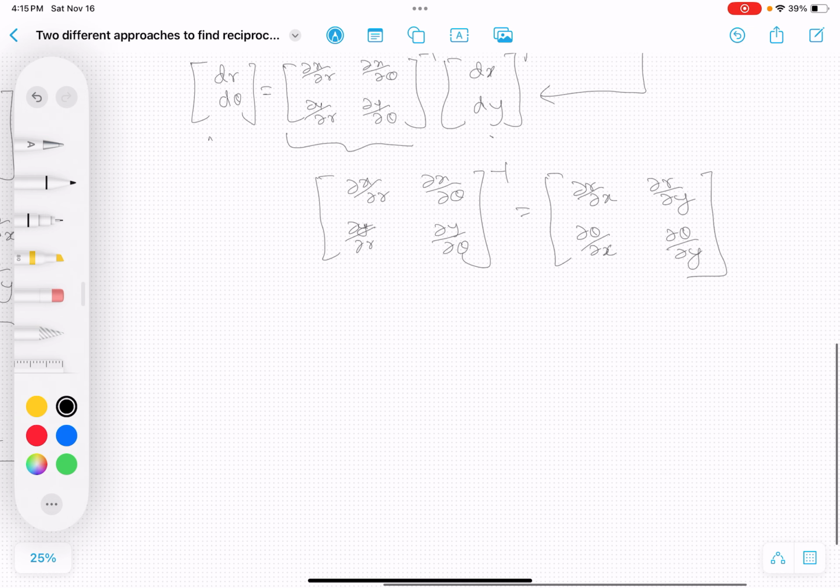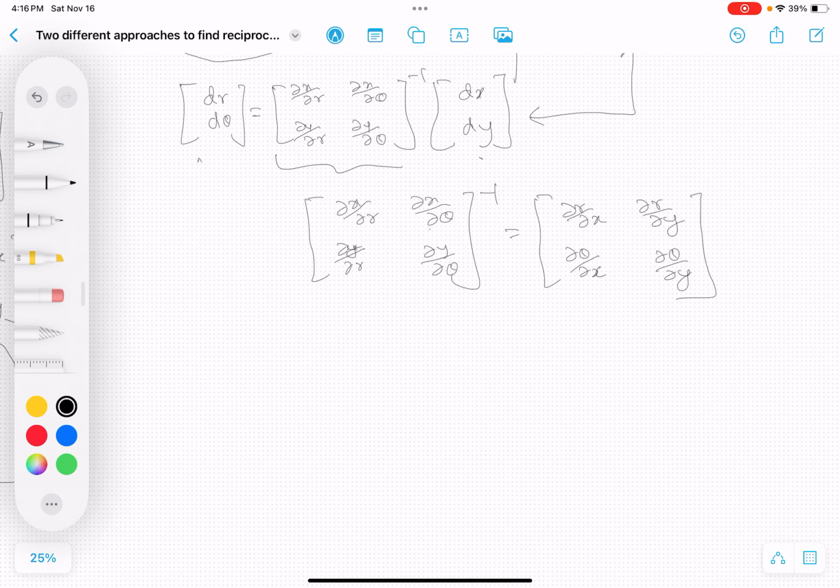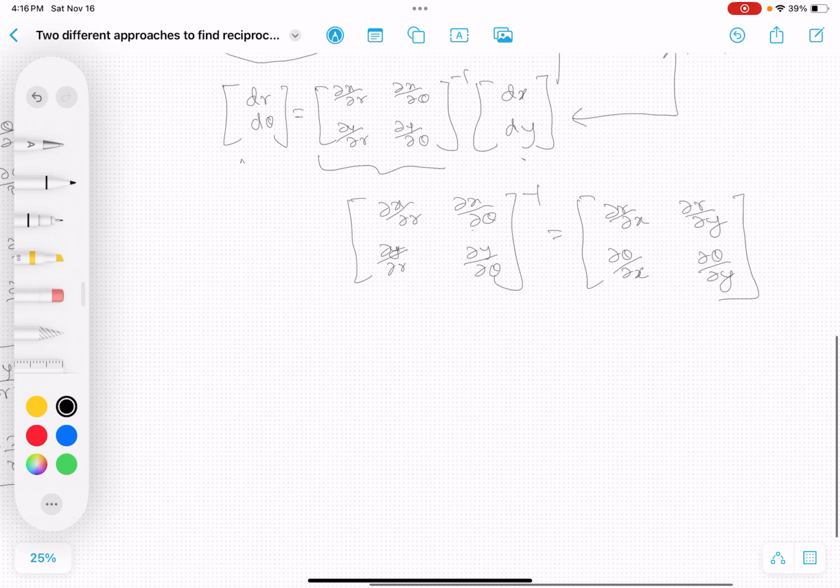So yeah, now our original statement was slightly different, right? But if this is the same, it will also be true that if I take the transpose, what I mean is, if matrix 1 inverse is equal to N, then the transpose of matrix 1 inverse should also be equal to the transpose of N.